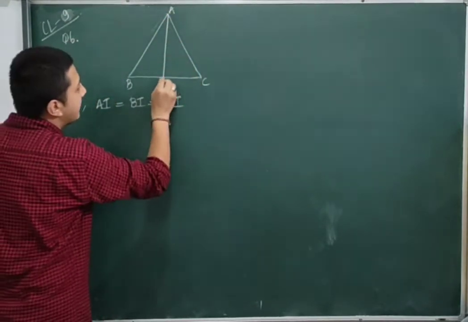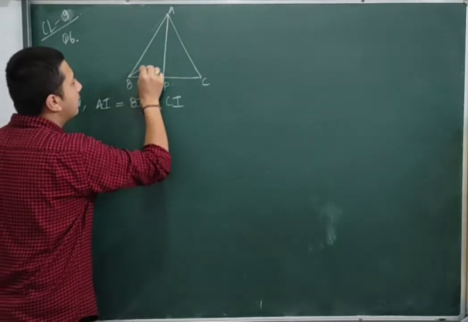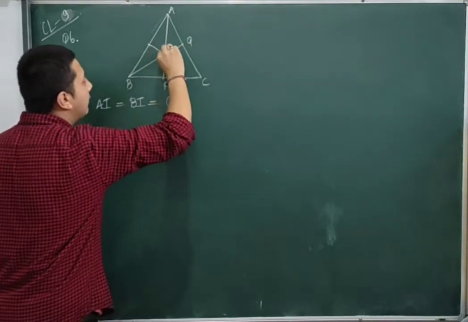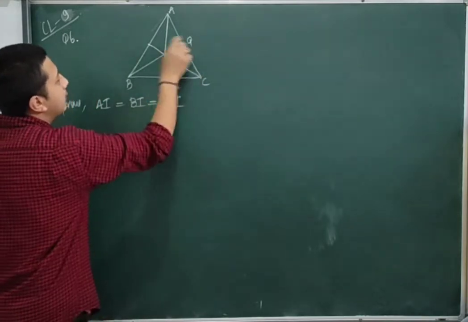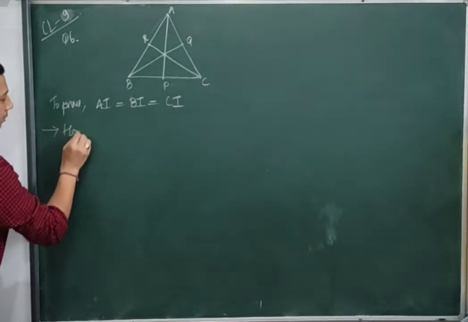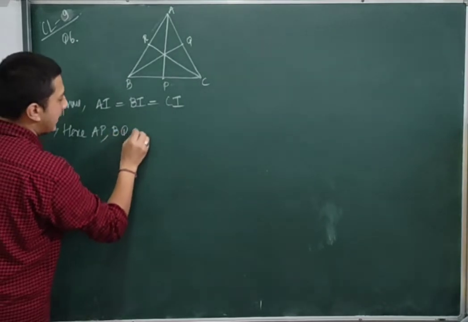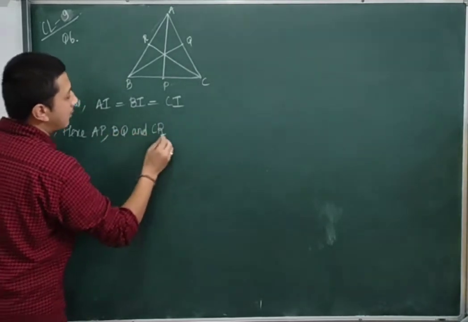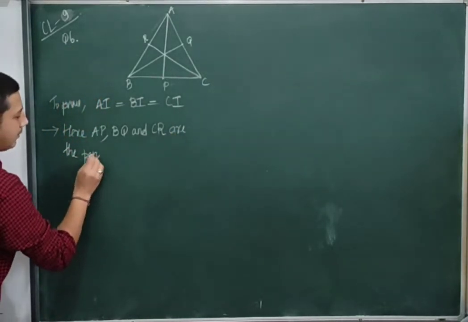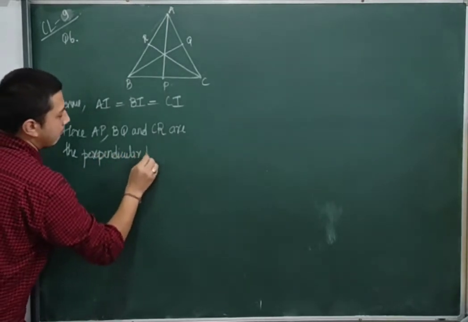Okay, and let us name them AP, BQ and CR. So you have to write down out here: AP, BQ and CR are the perpendicular bisectors.